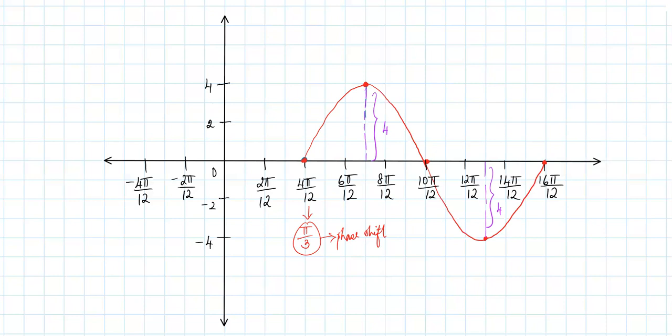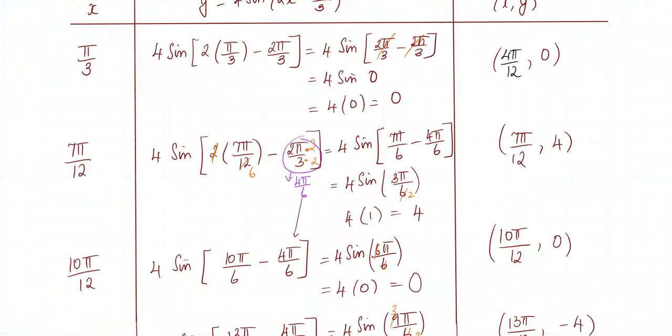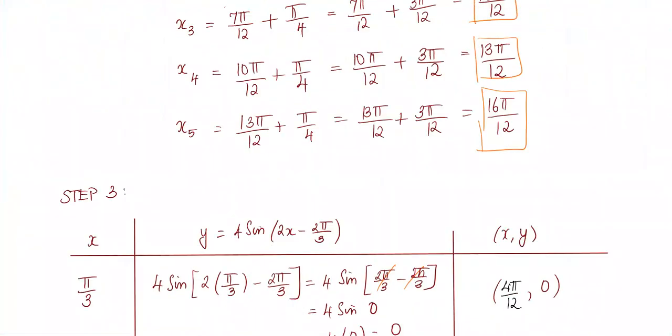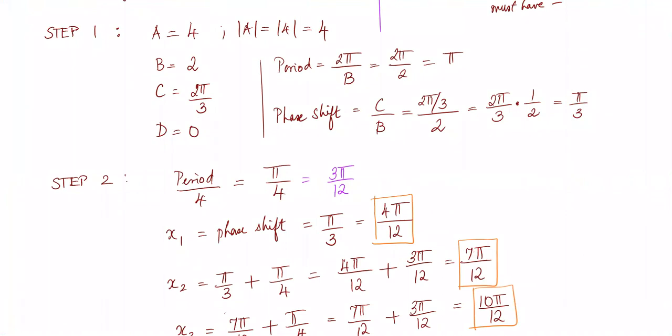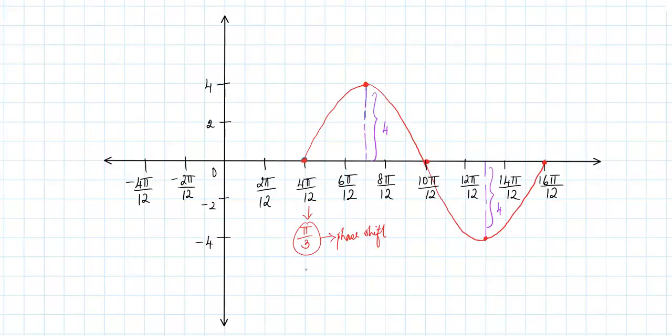And then if you again go back to our step 1, we saw that the period is pi, right? Meaning for one cycle to happen, you'll have to go pi units. So we can check that here too. So we'll start here. And so I want to show it like this.